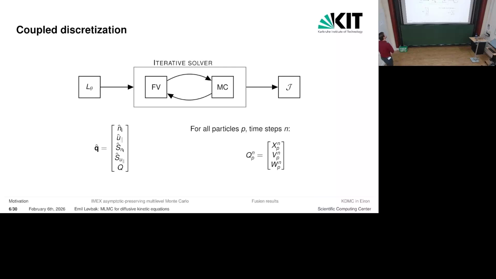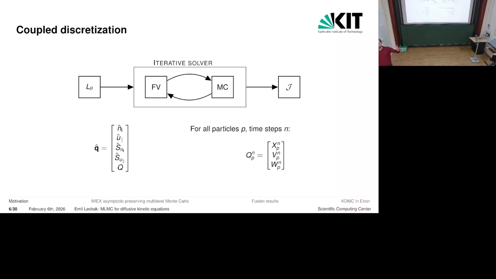So the simulation paradigm looks something like this. Our parameter of interest is this L theta, so what we're actually going to do here is shape optimization on the diverter. The idea is you want to find the optimal shape of this diverter to get a good heat load. In 1D, what is shape optimization?